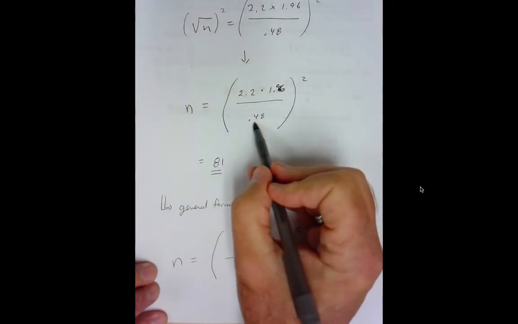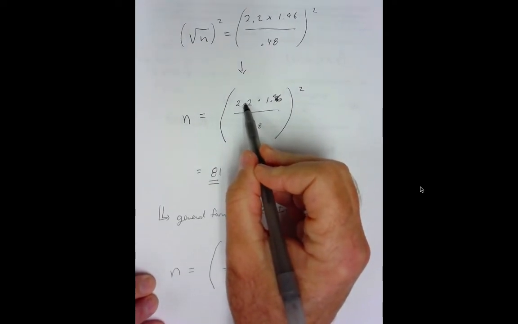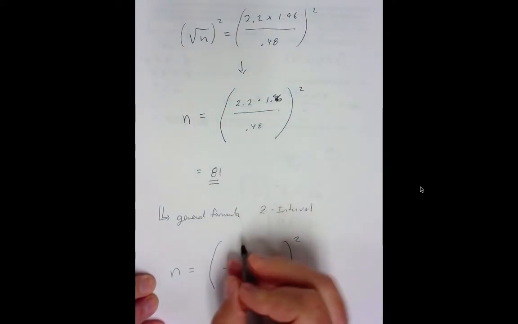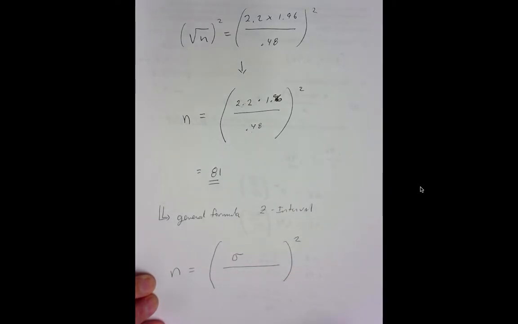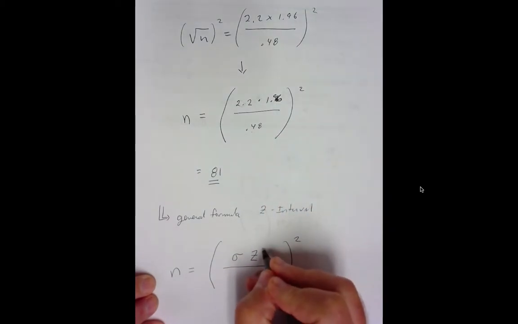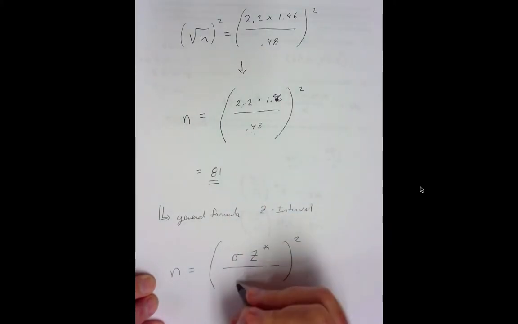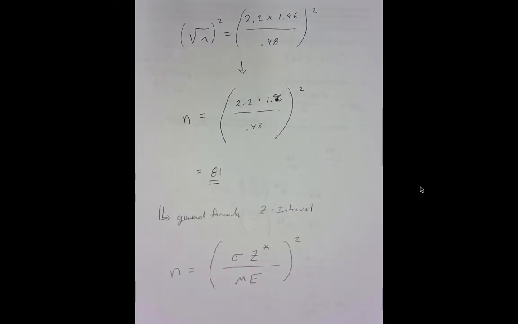essentially has 3 parts. What role did the 2.2 play in this problem? That was our sigma. What role did the 1.96 play? That was the z star. What role did the 0.48 play? That was the margin of error.